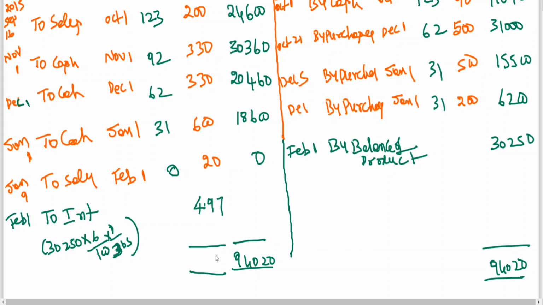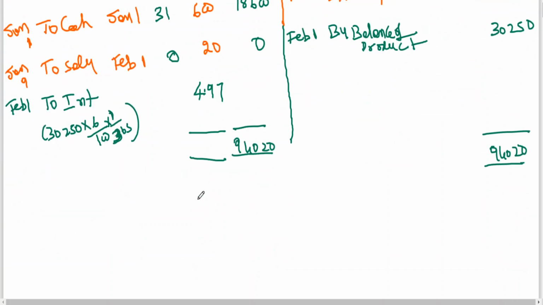Here I would like to tell you one thing. Product debit side may be showing more, but the amount credit side may show more. You can't say always that since product is showing on the debit side, the amount also shows more on the debit side. No, sometimes the amount may show more on the credit side. Even then, interest will be written on the side where the product is showing more.